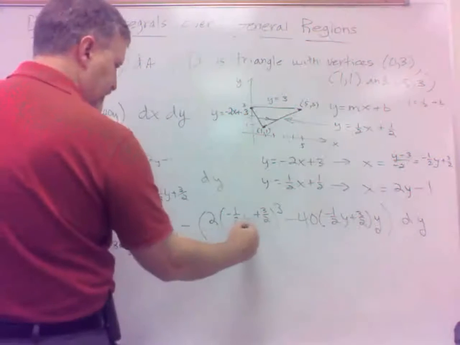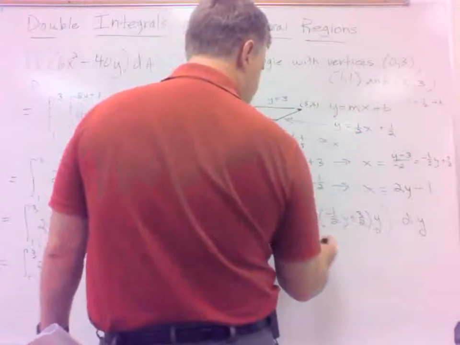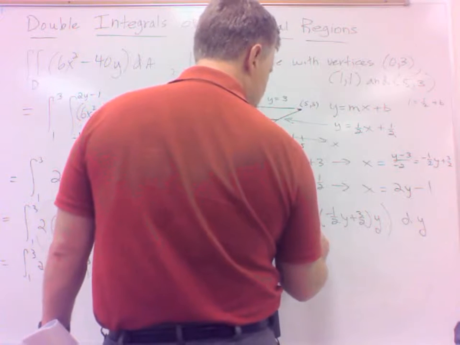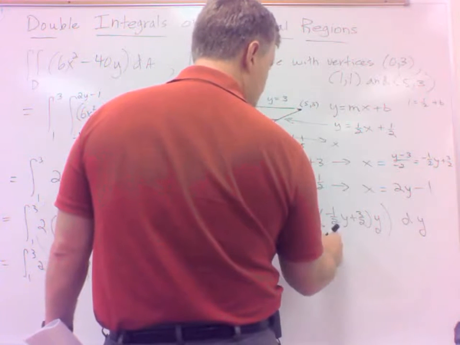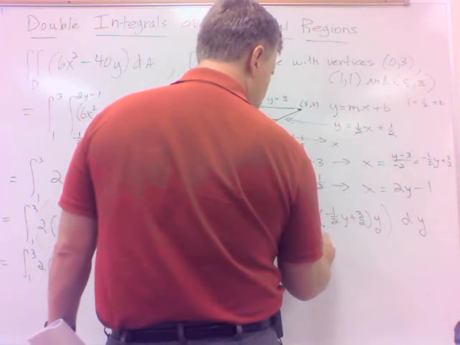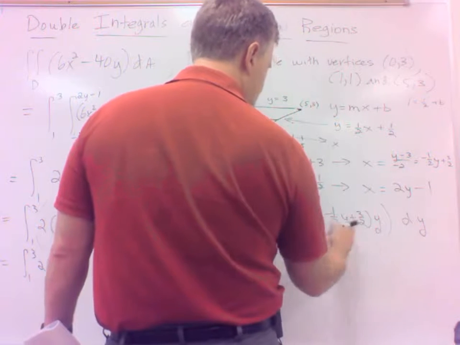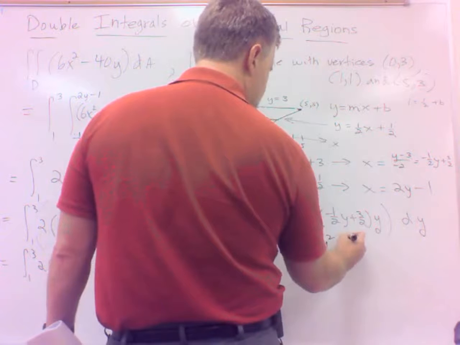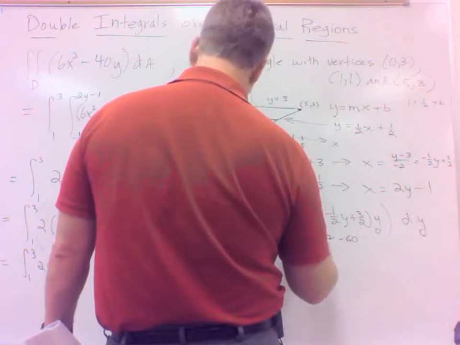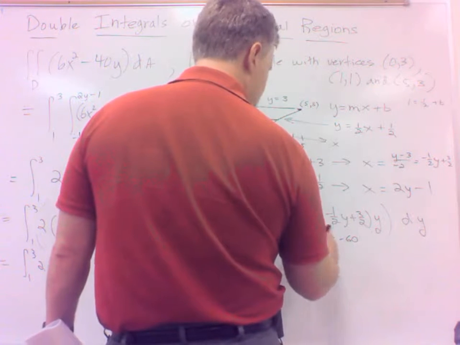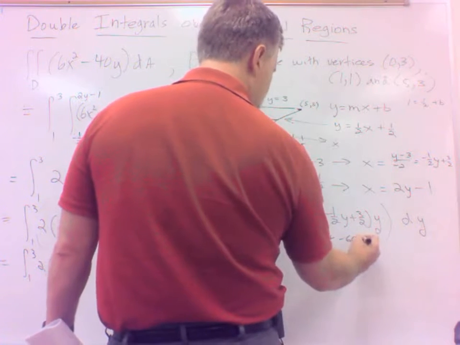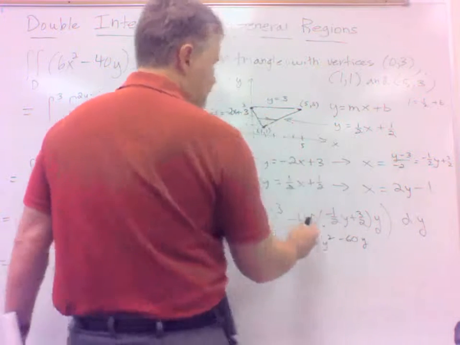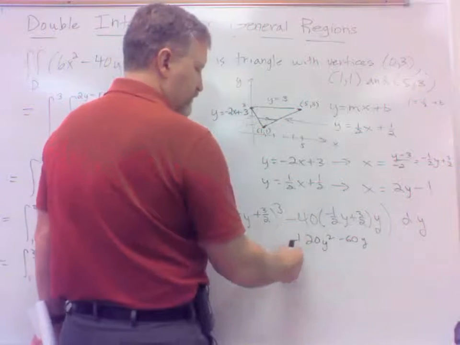And then same thing here, I'm going to leave that, but over here, if I multiply that in, minus 40y times that would be, 40 times minus half would be positive 20y squared. And then minus 40 times 3/2 would be minus 60y.